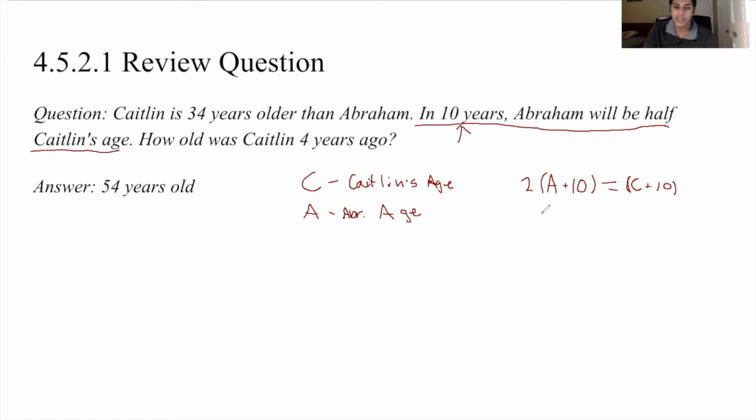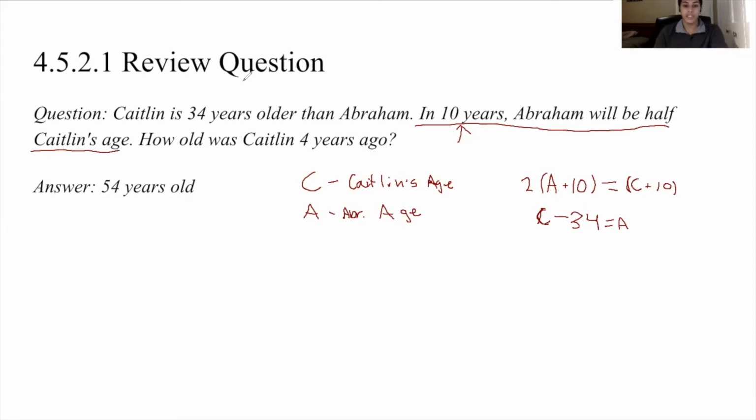All right, so if Caitlin is 34 years older than Abraham, then that means if we take Caitlin's age, so C, and subtract 34 from it, so C minus 34, then that will be equal to Abraham's age. Yeah, so Caitlin's age minus 34 is equal to Abraham's age now, because Caitlin is 34 years older. So now we have our two equations.